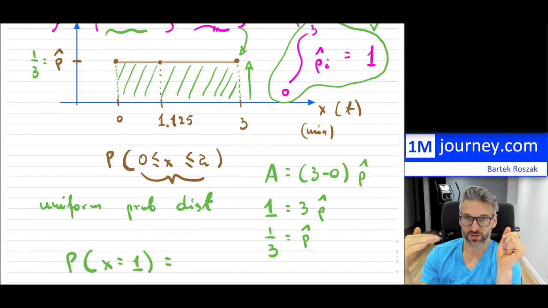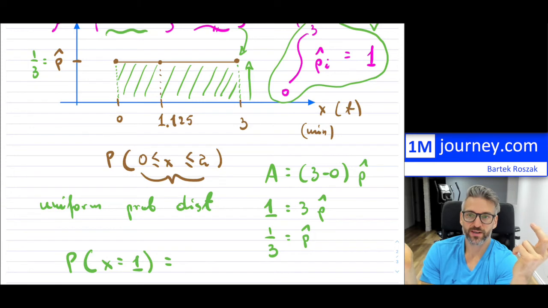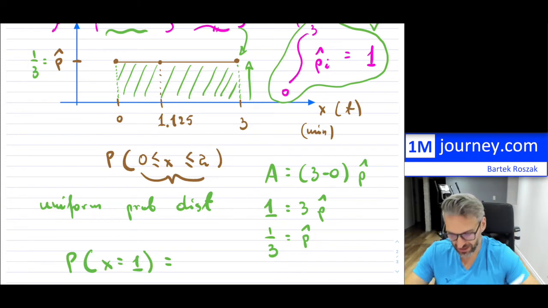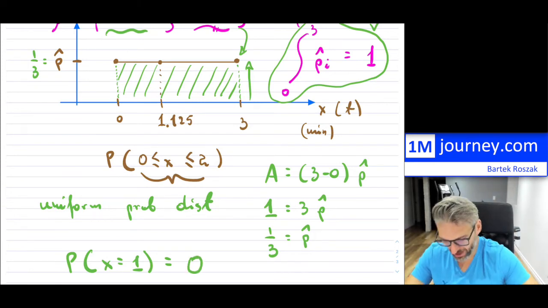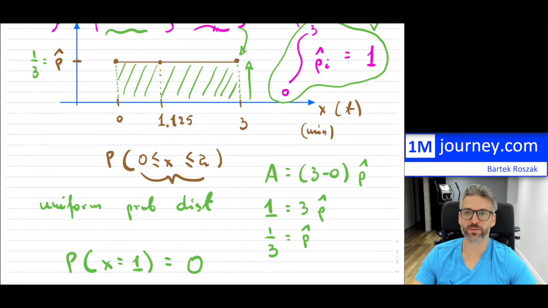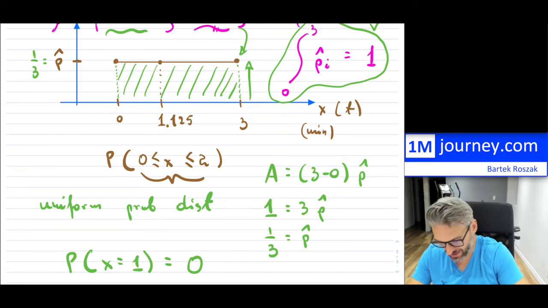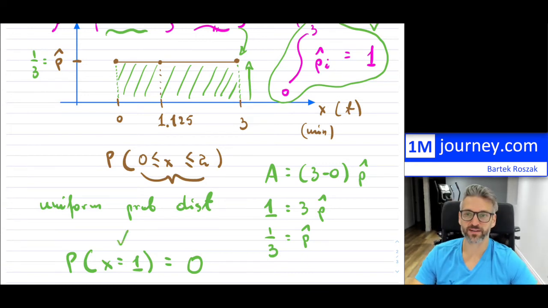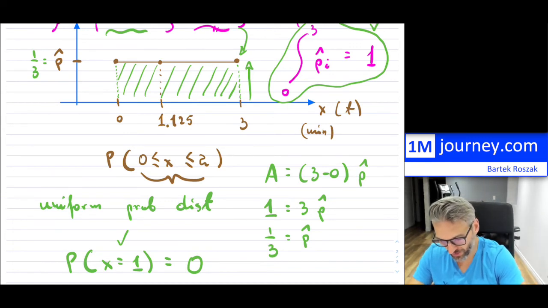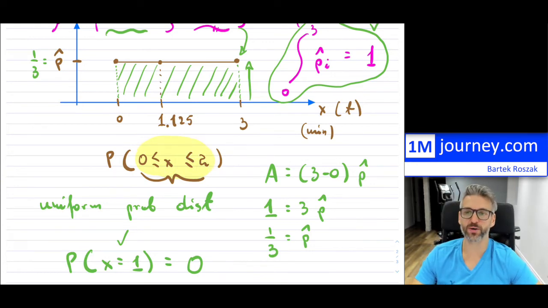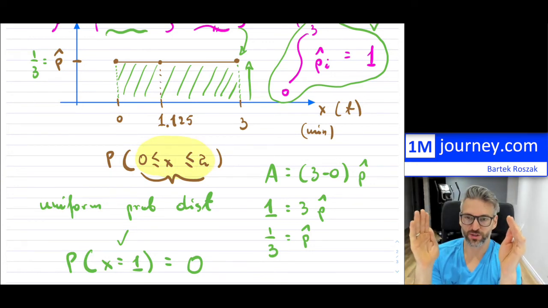How far are you moving along x is 0. So there is no area. Technically, the probability here is 0 at a particular point. But that doesn't mean that x equal to 1 cannot happen. It can. But in the way that we define things for continuous probabilities, we actually have to talk about intervals of some kind.